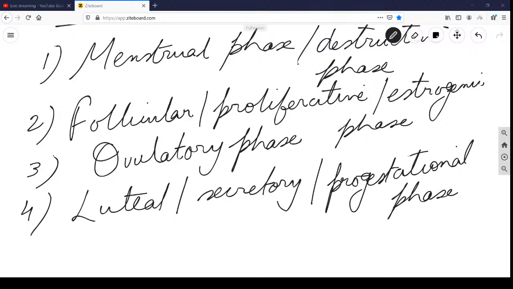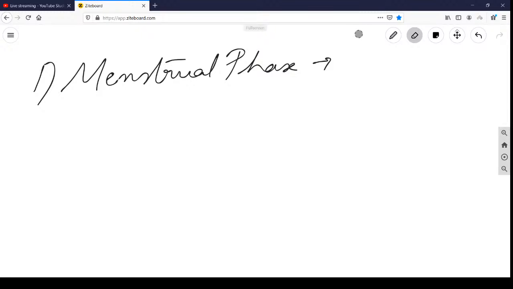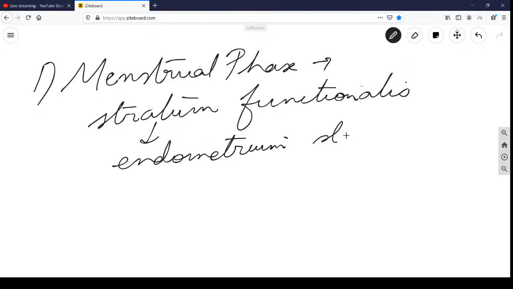During menstruation, or the menstrual period, I have already told you that the part of the lining of the uterus known as the stratum functionalis of the endometrium would degenerate and is sloughed off.